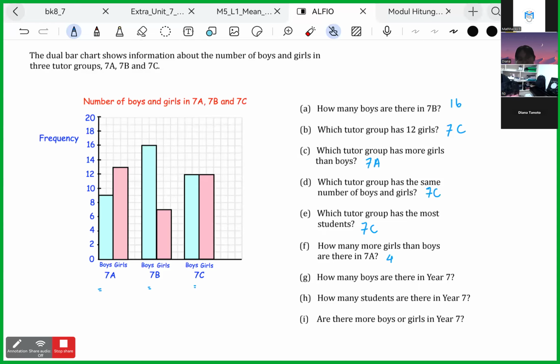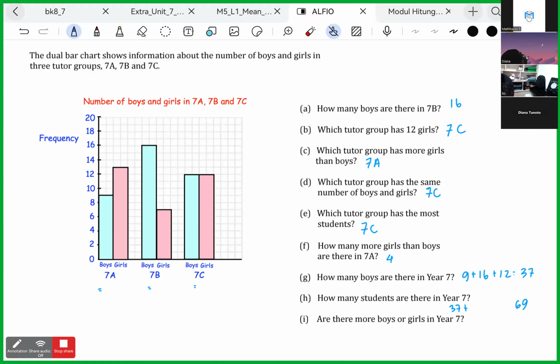Yep, total number of boys. 9 plus 16 is 25 plus 12 is 37. How many students are there in year 7? 37 plus 32 is 69.